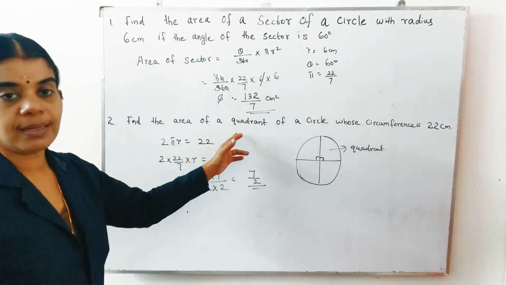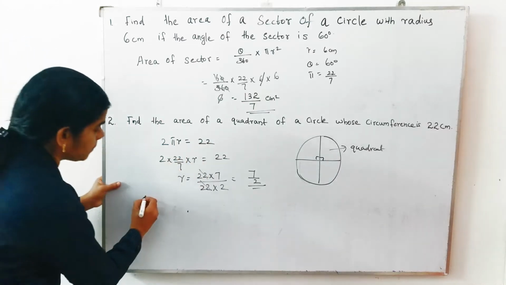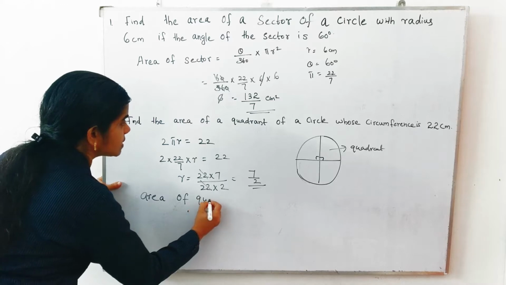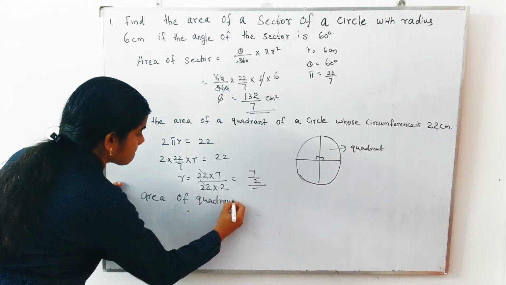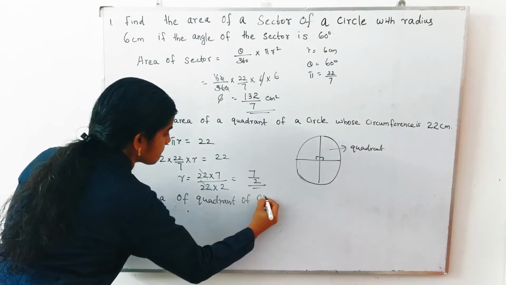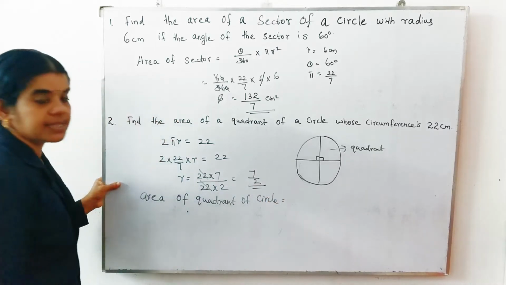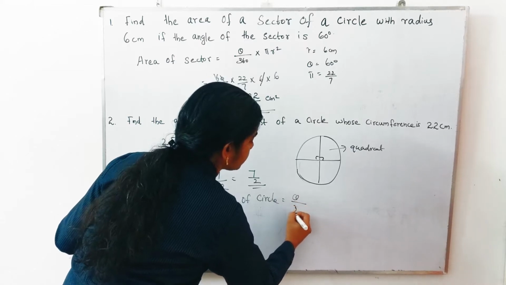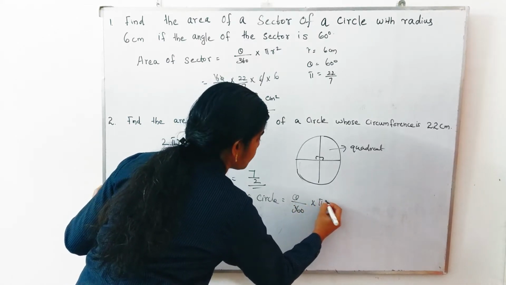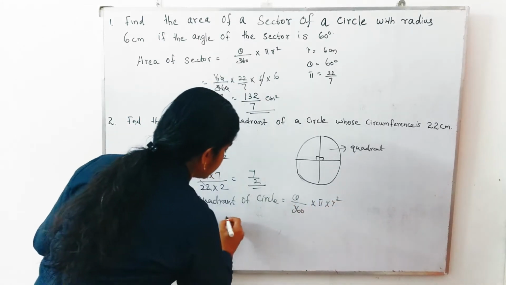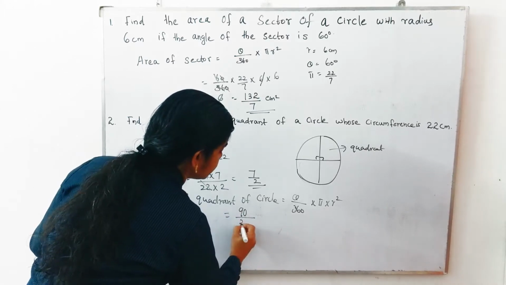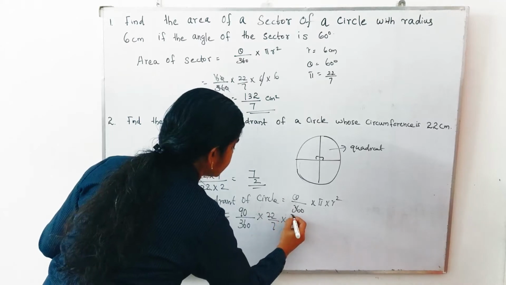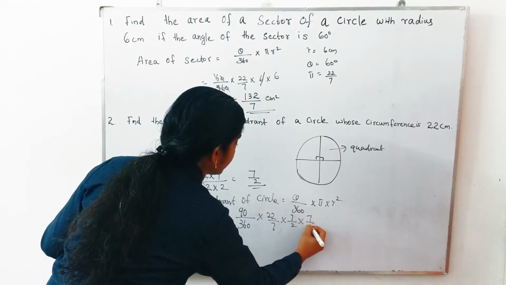Now we can find the area of the quadrant of a circle. For a quadrant, theta will be 90 degree. So theta by 360 into pi into r square. Then 90 by 360 into 22 by 7 into 7 by 2 into 7 by 2.